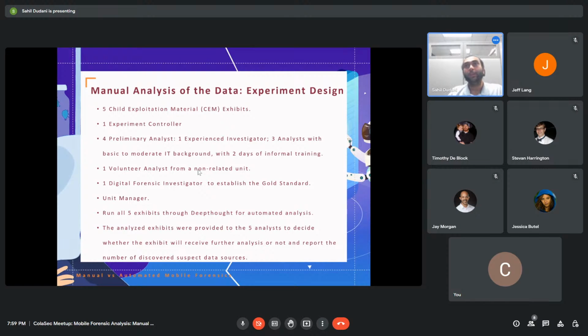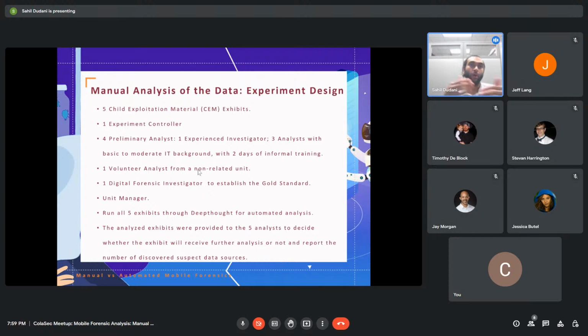In this particular paper, the authors had 5 different kinds of child exploitation material exhibits. There was an experiment controller that was designing all the experiments. There were 4 preliminary analysts with different levels of experience. One was an experienced investigator with probably 4 to 5 years of experience. There were 3 analysts with just a basic IT background and just 2 days of informal training.